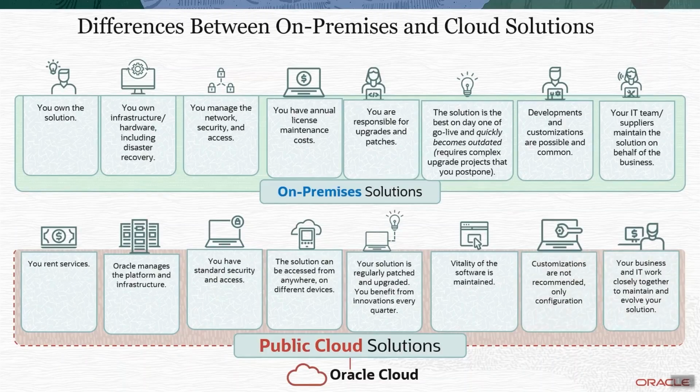With Oracle Cloud, customizations are not recommended since modern best practices are provided and pre-configured. You configure and create extensions to those standard best practices. In this way, the business team is involved from the start of the project in early visualization of standard processes and works closely with IT to maintain and evolve the final solution.